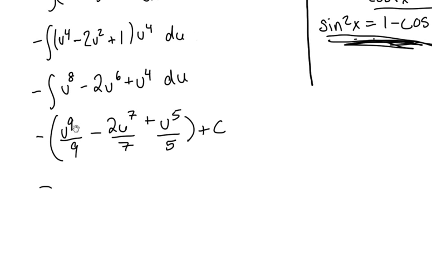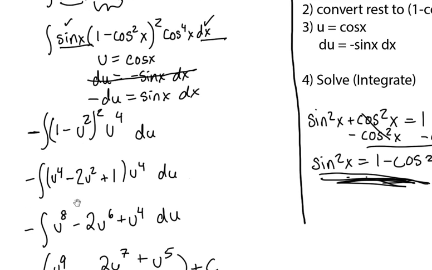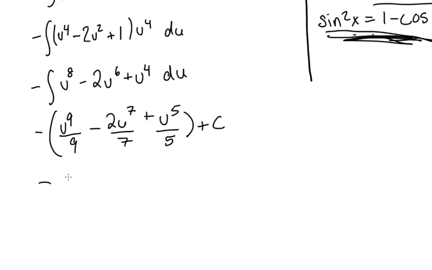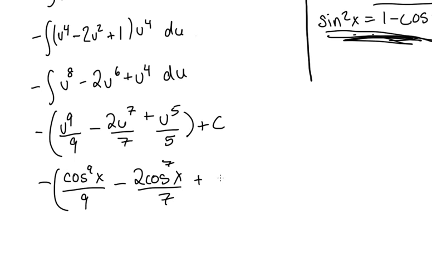So this is going to be, well, u is cosine x. So this is going to be cosine to the 9th x over 9 minus 2 cosine to the 7th x over 7 plus cosine to the 5th x over 5 plus c.